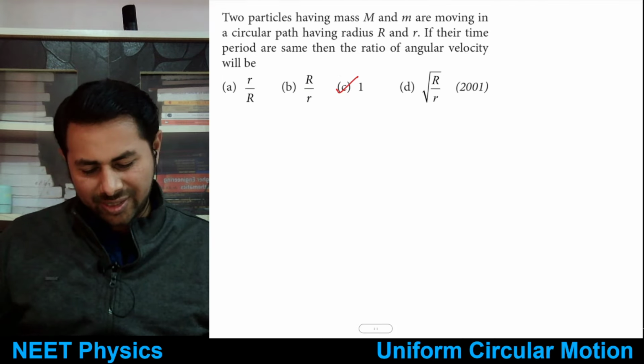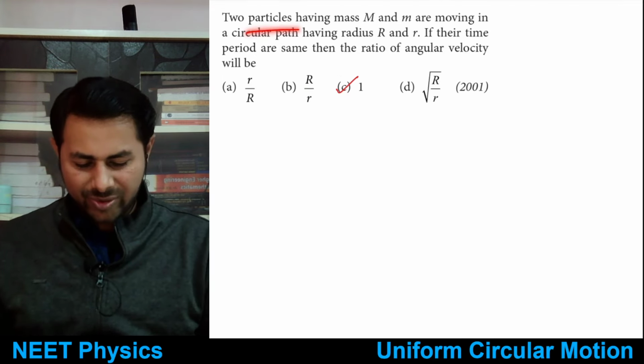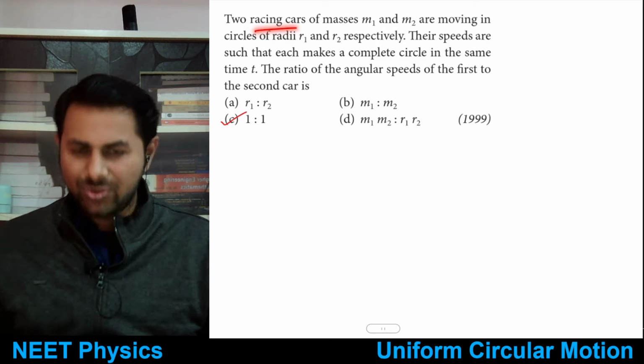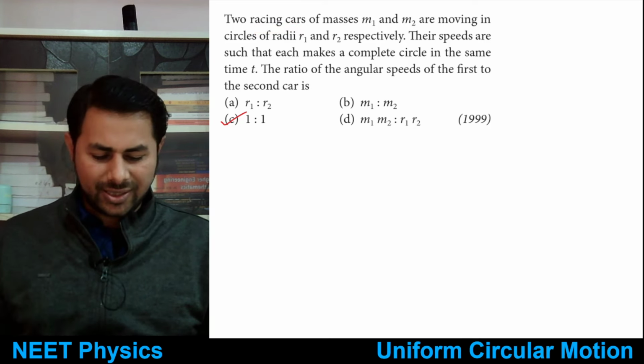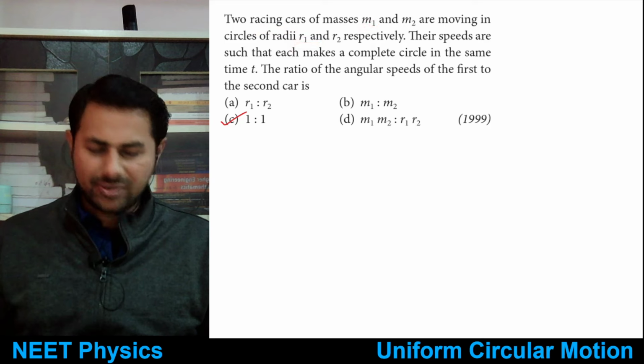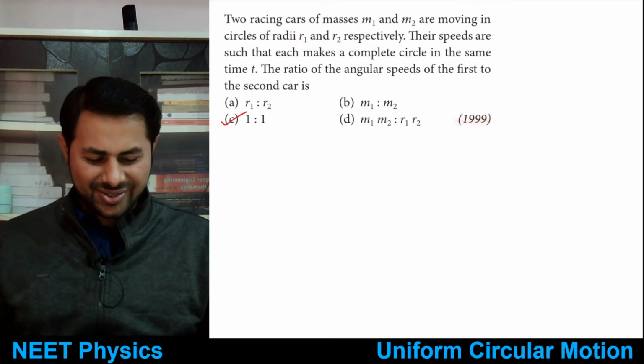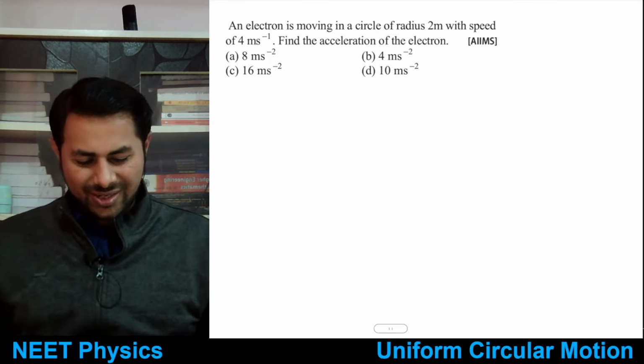They are just changing the context. Two particles, here two cars, two bodies, something like that. Masses are given, radius is given, so this one got repeated. Anyways, let's see the next one.